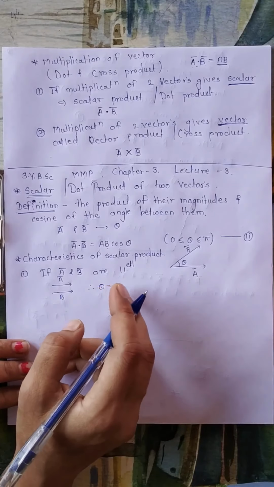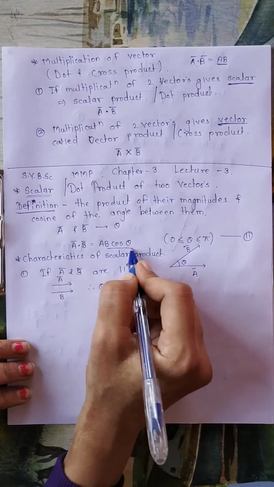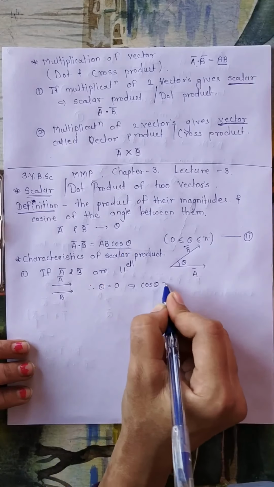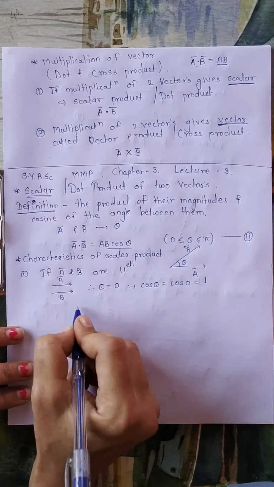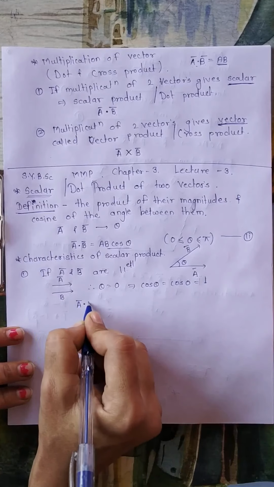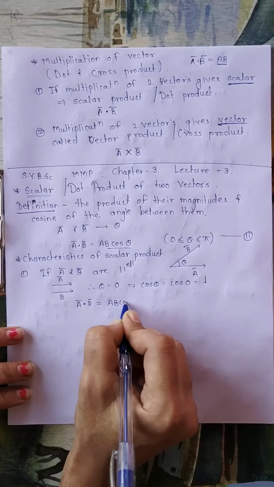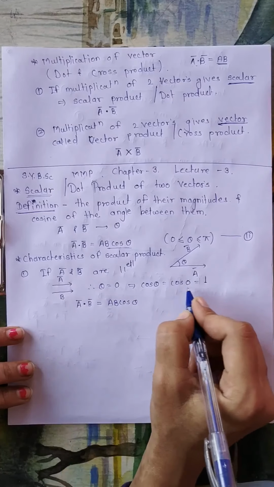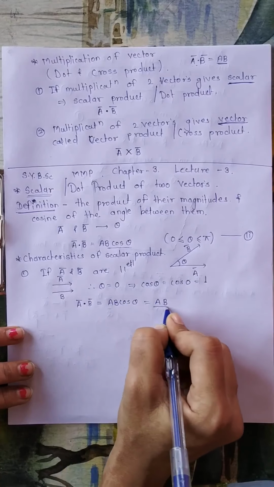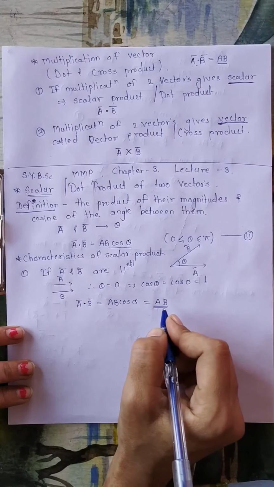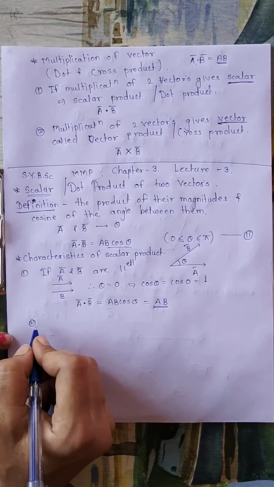This implies that in equation 11, cos theta will be equal to cos 0, and cos 0 is 1. This means the dot product of two vectors which are parallel to each other, from the standard formula ab cos theta with cos theta equal to 1, is nothing but a into b, and this is the first characteristic of the scalar product.